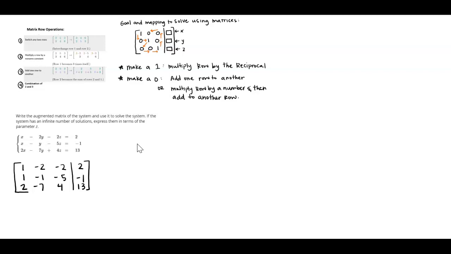And we do that a lot when we're trying to make zeros. And that's what we're going to do in this case. So in order to make this be a 0, I'm going to take my row 1 and multiply it by a -1. So I'll have -1 times row 1. And then I'm going to add that to row 2. Remember, the one that we're adding to is the one that's changing.